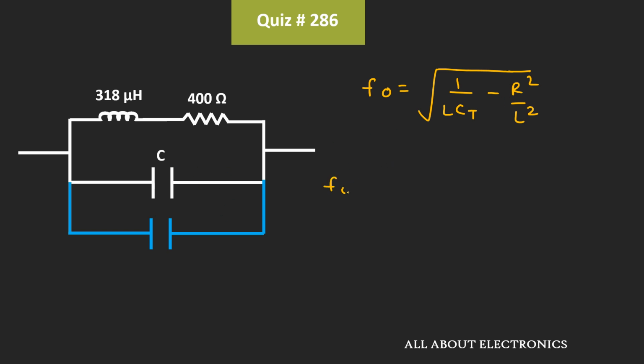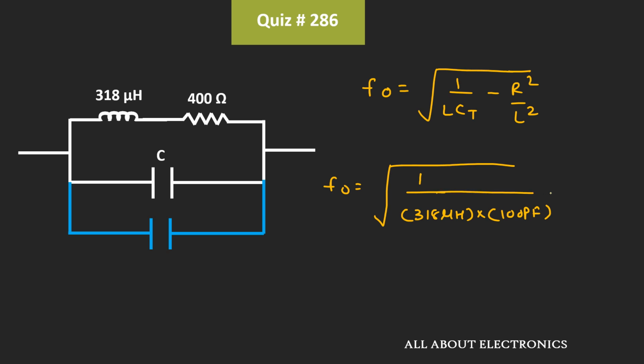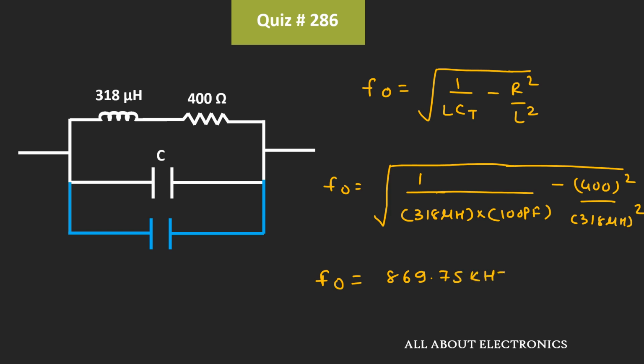So this f0 will be equal to the square root of 1 divided by 318 microhenry times 100 picofarad minus 400 square divided by (318 microhenry) square. If we calculate the value, then this resonant frequency will come out as 869.75 kHz.